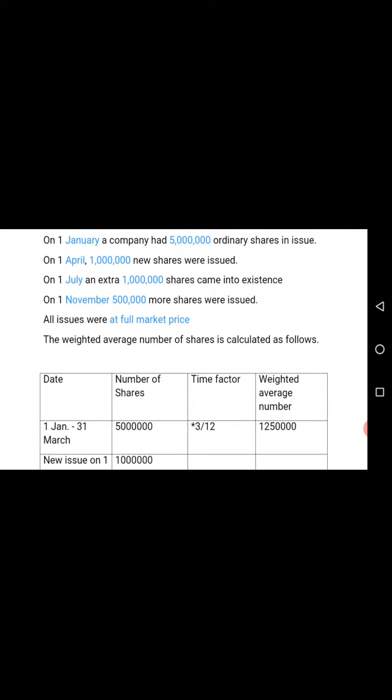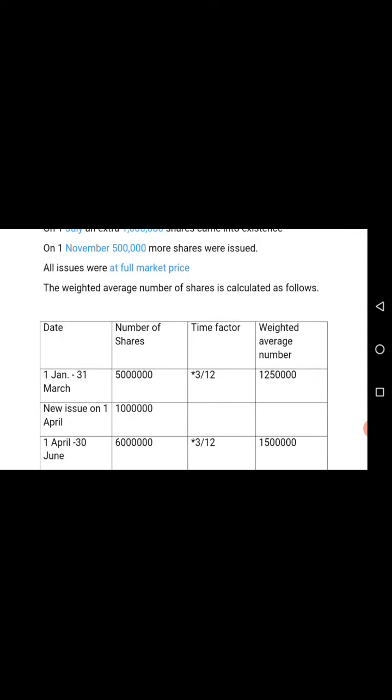From April 1, we issued extra shares. So as at April 1, we didn't have 5 million shares again, we had more than that. So we have 3 months here. You divide 3 by 12, then you use it to multiply the 5 million shares that we owned for the first 3 months of the year.